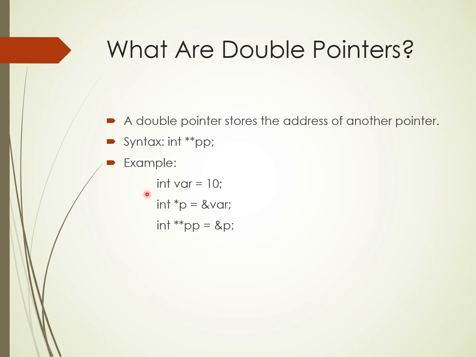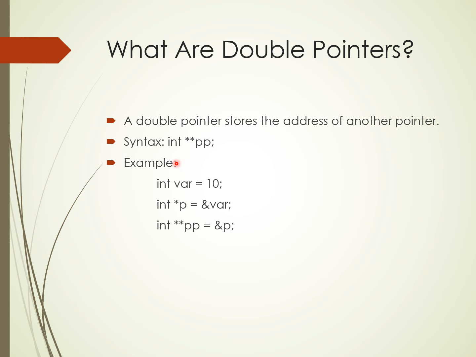But if I print p with %p, I'll get the address of var. And if I print the value of pp, I'll get the address of p. So basically, **pp stores the address of *p, and *p stores the address of var. So that's how it works.